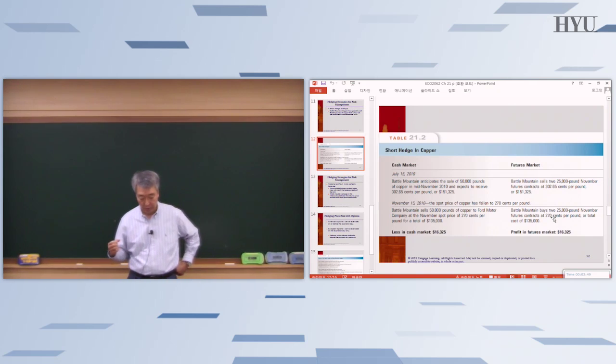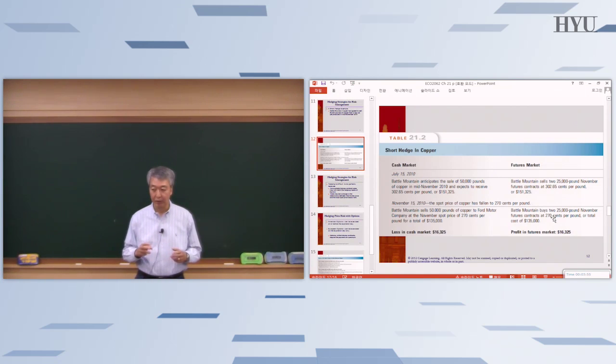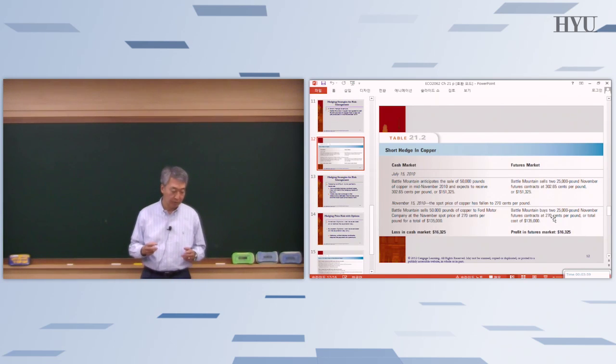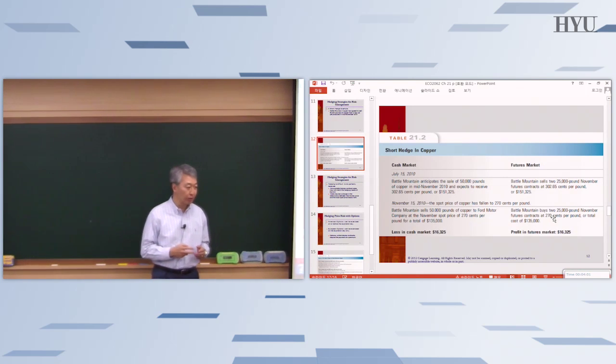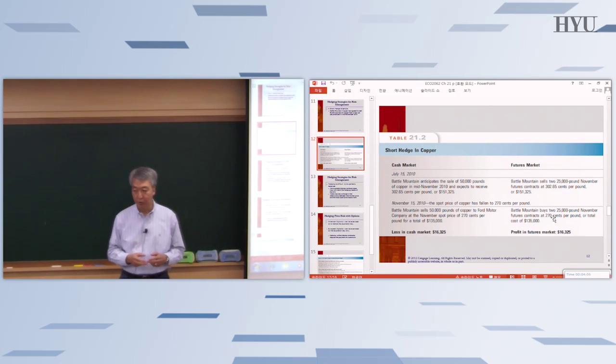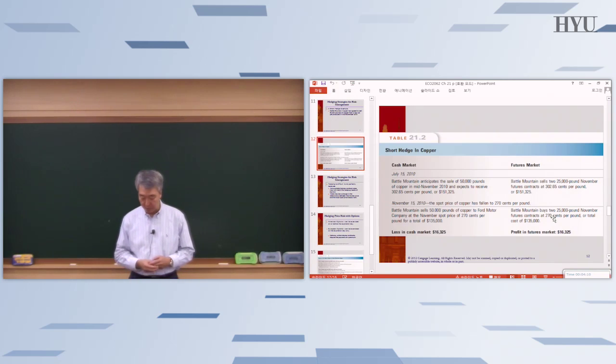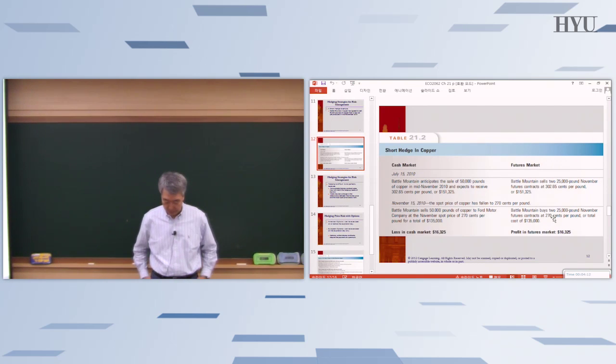So what the Battle Mountain can do is they can purchase 2 units of future and then offset their obligation to fulfill the 2 future units they have sold in July, okay? It's called the offsetting trade or reversing trade, whatever you want to call it, okay?